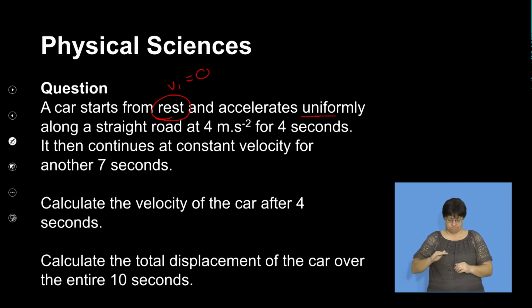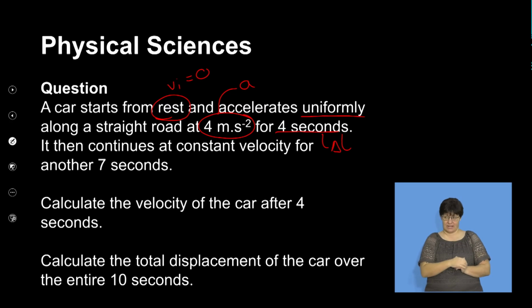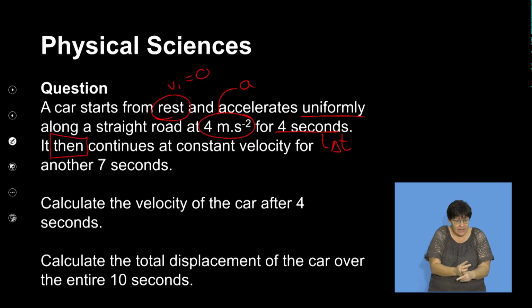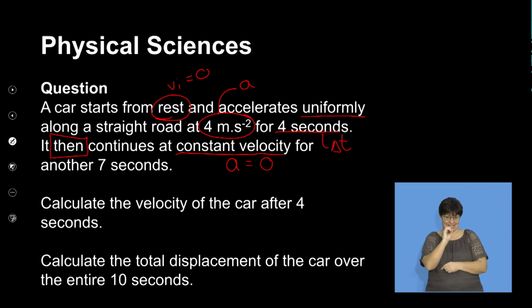It accelerates uniformly, which is what we work with, along a straight road at 4, so that's acceleration, for 4 seconds, so that's delta t. It then, there's a second part. It then continues at constant velocity for another 7 seconds. So at this point, a equals 0.